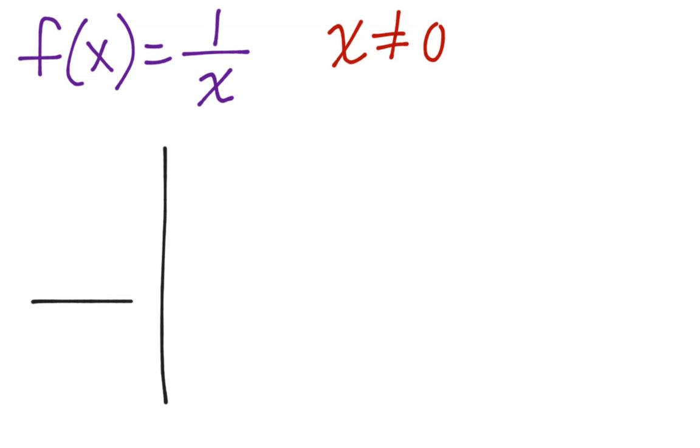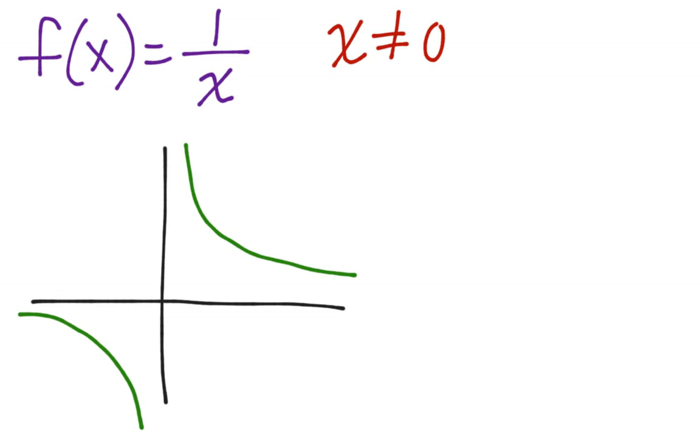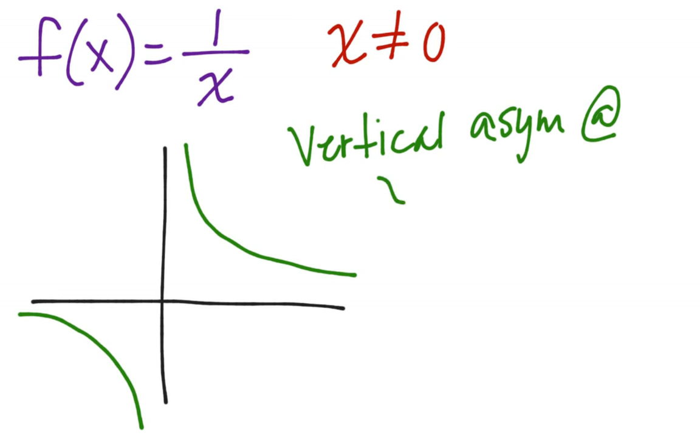I graph this function, and I get here and here. What's happening at x equals 0? Well, there's a vertical asymptote at x equals 0. And guess what we call this?